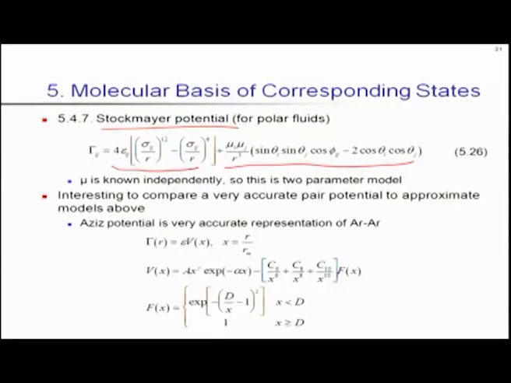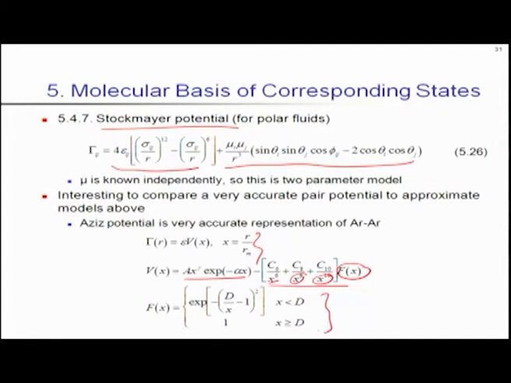This potential has an exponential term, plus an expansion term which includes r to the 6 in reduced form, and other higher order terms with a factor f which is given here.